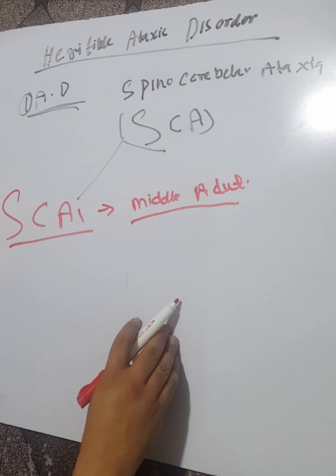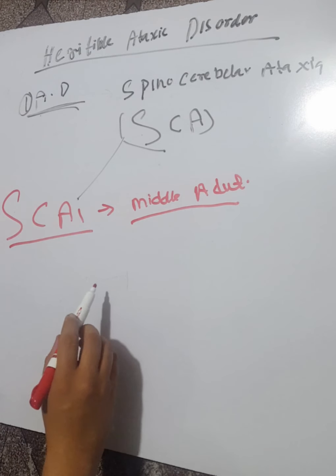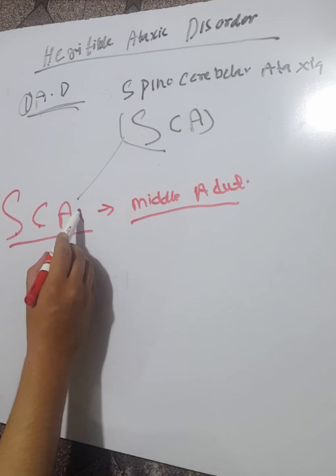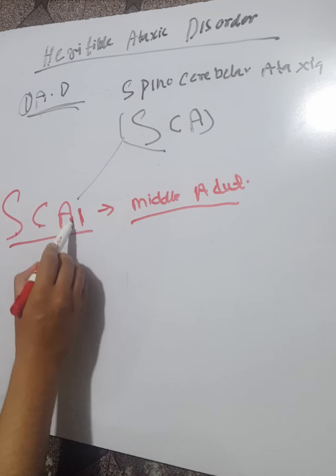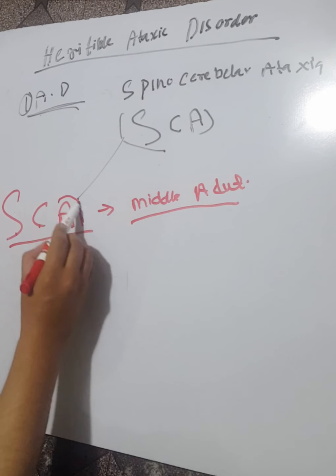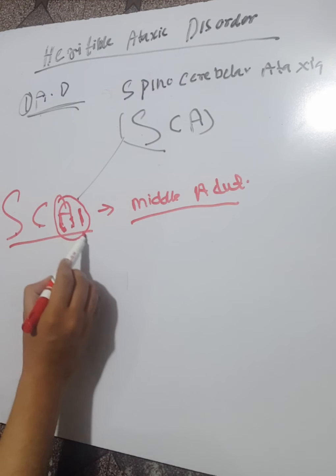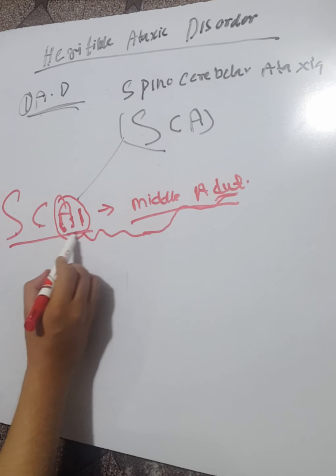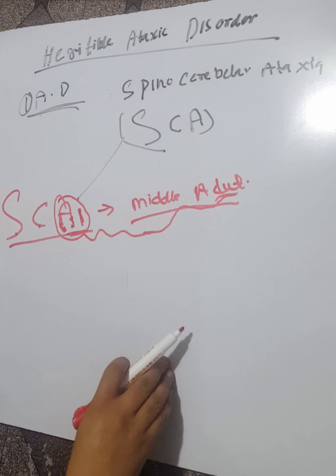There is also SCA1A, where A means that it presents in early adulthood or at the middle adult age.